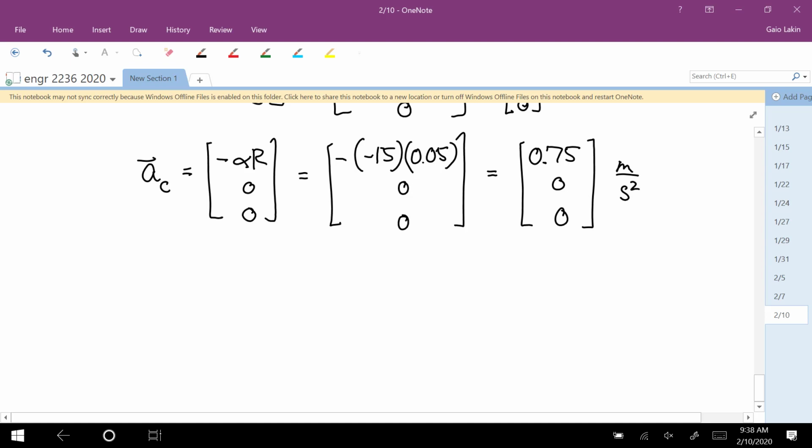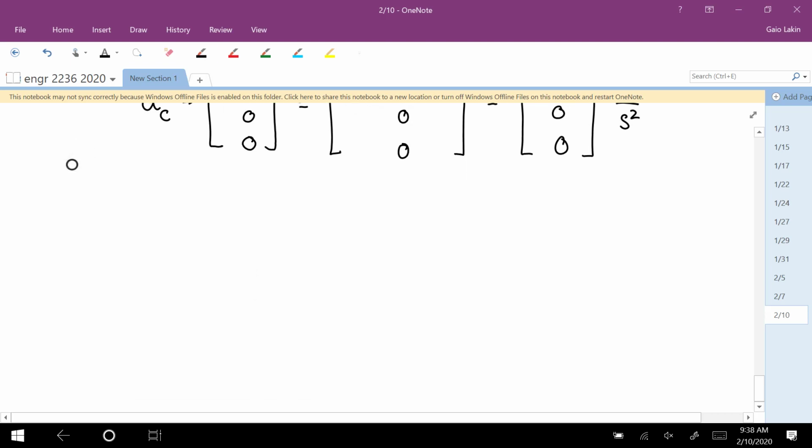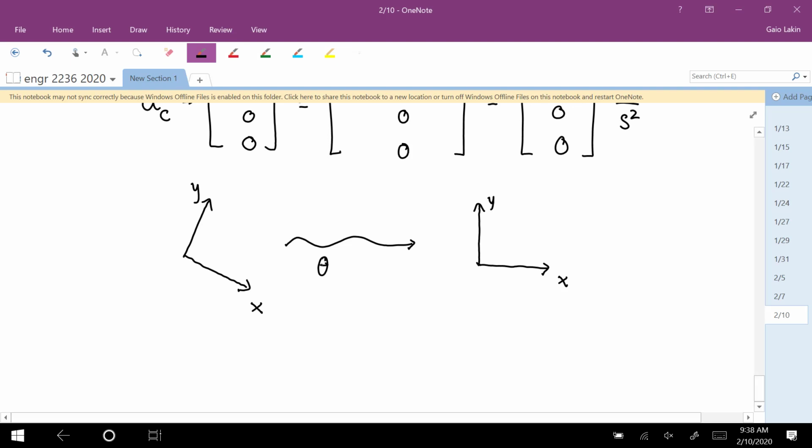I did briefly go into rotation matrices earlier, right? So if you want to go from this coordinate system to this coordinate system, that's a rotation of positive 20 degrees about the z-axis.